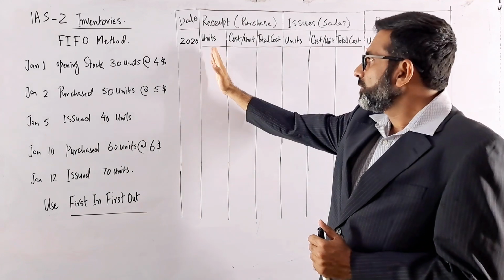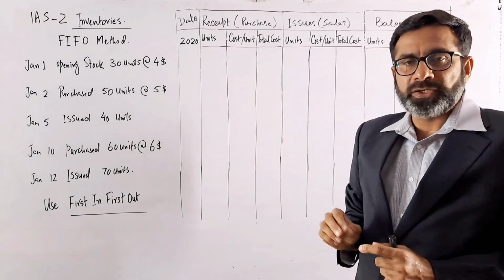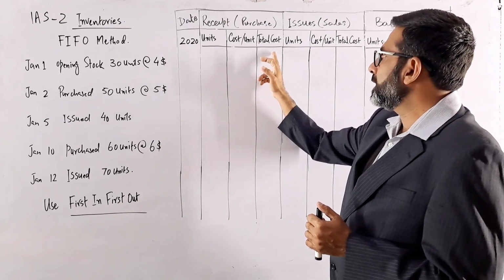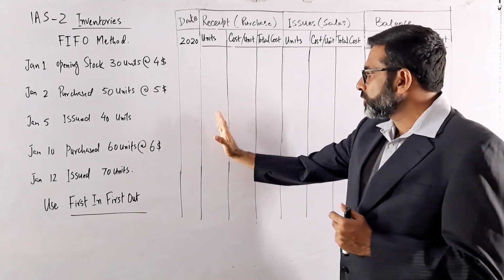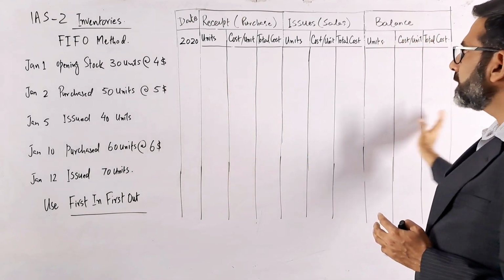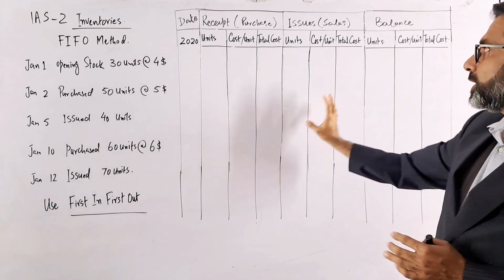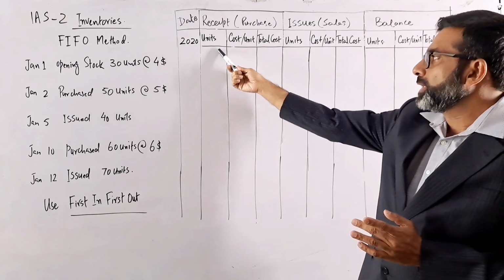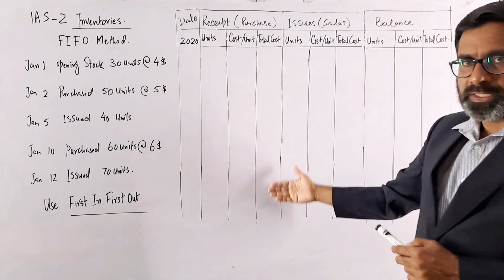First we write the number of units, then the cost per unit, and then the total cost, meaning we multiply these 2 columns to get the total cost. The same 3 columns are in all the sections: the receipt section, the issue section, and the balance section. Individually we have the units, the cost per unit, and the total cost.